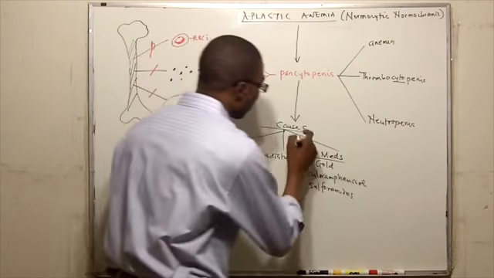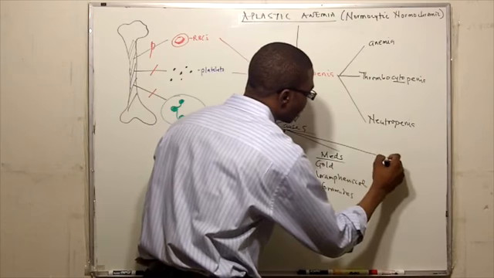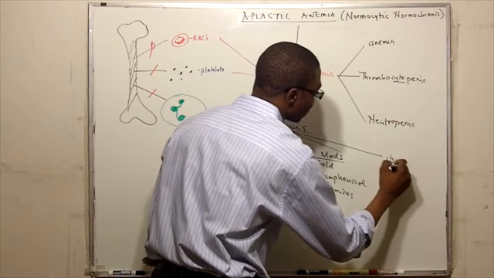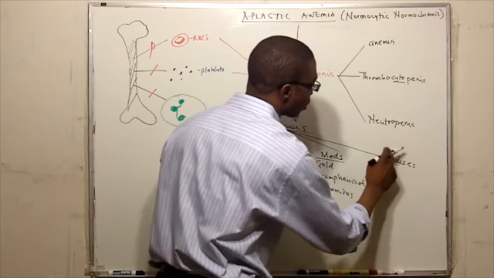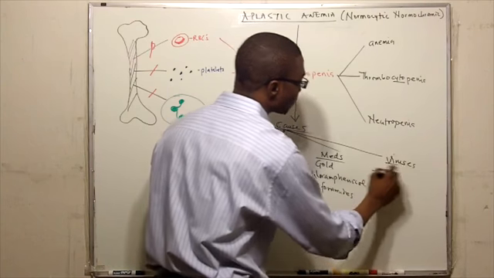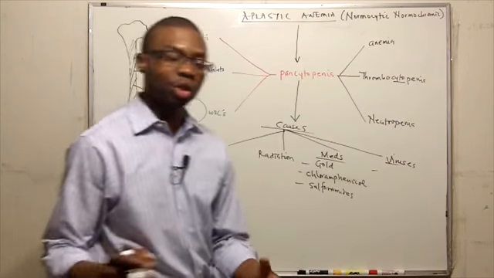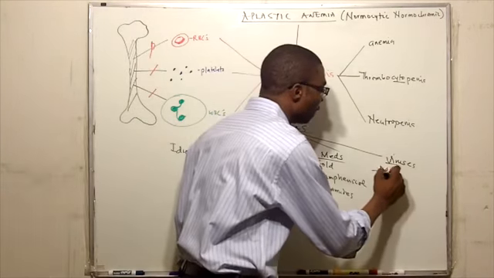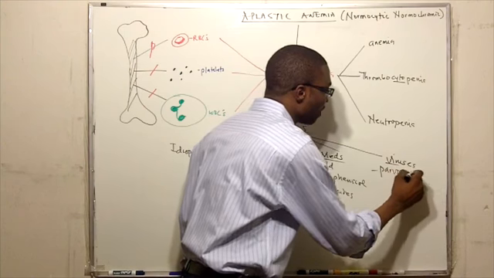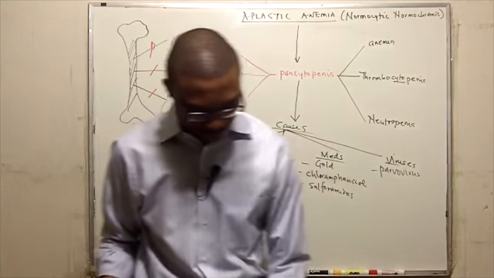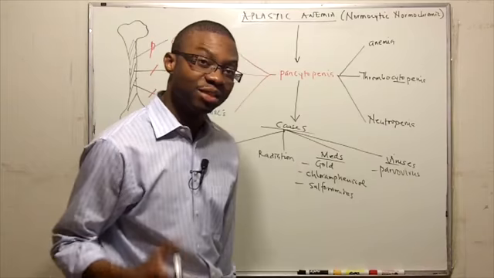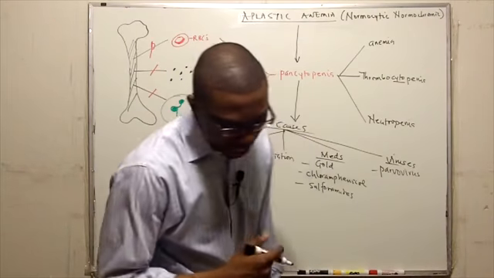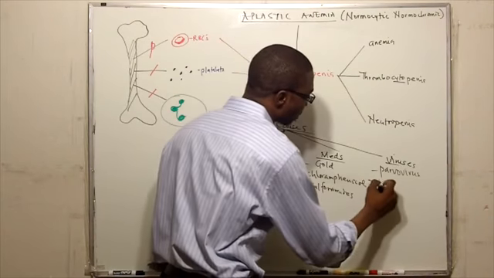But also, we have infections such as viruses. What viruses are notoriously known to cause aplastic anemia? The most common is parvovirus. Also, hepatitis B, hepatitis C, and Epstein-Barr virus.